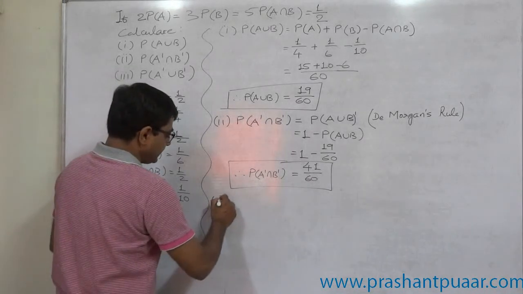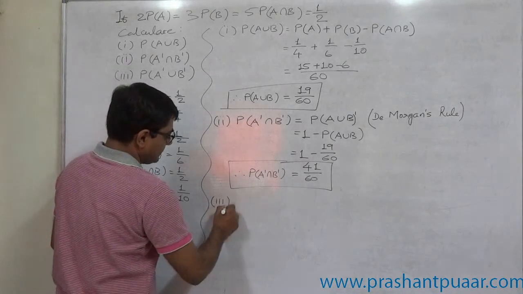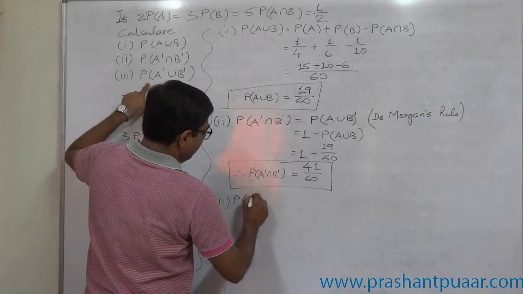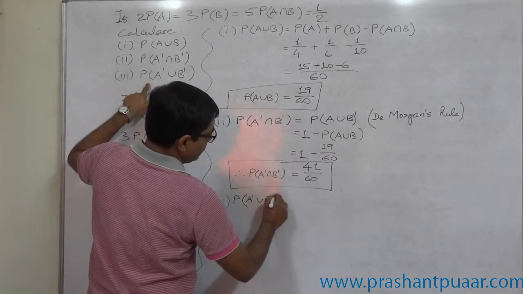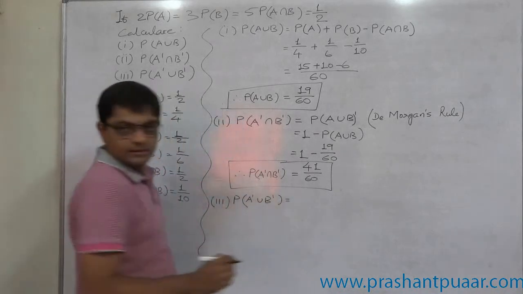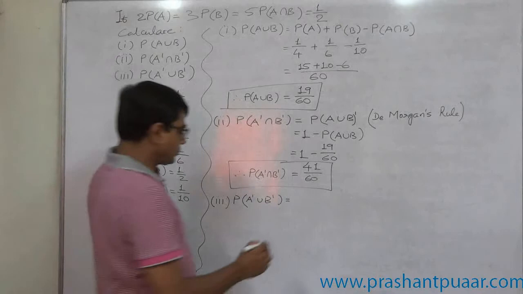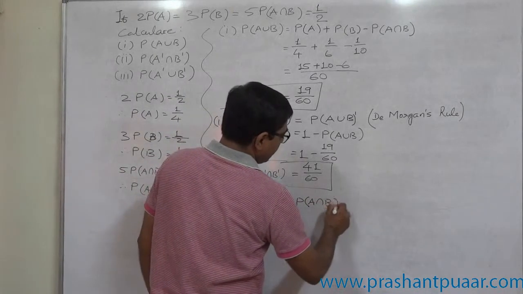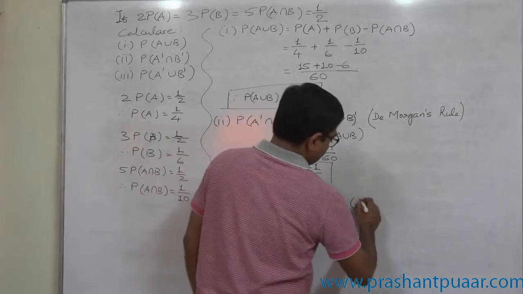And the third case is the probability of A complement union B complement. Again, we can use De Morgan's rule. P(A∩B) whole complement.